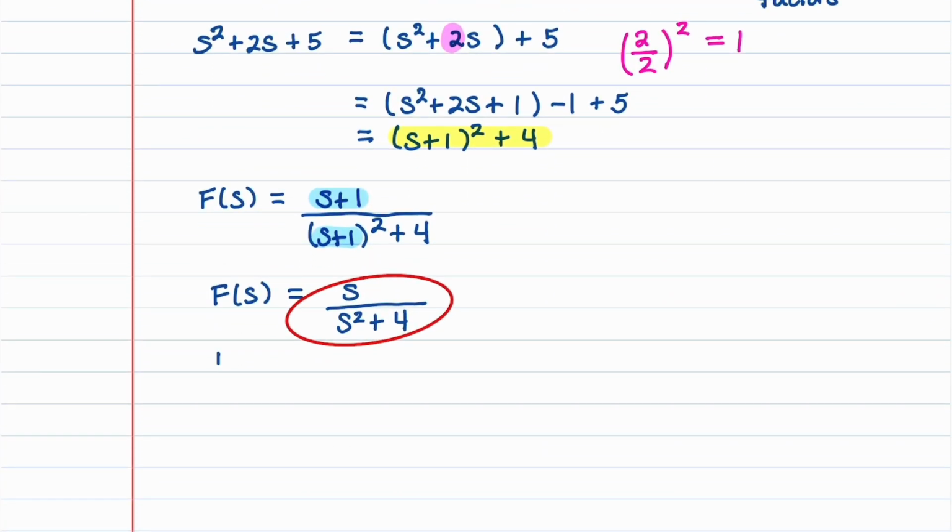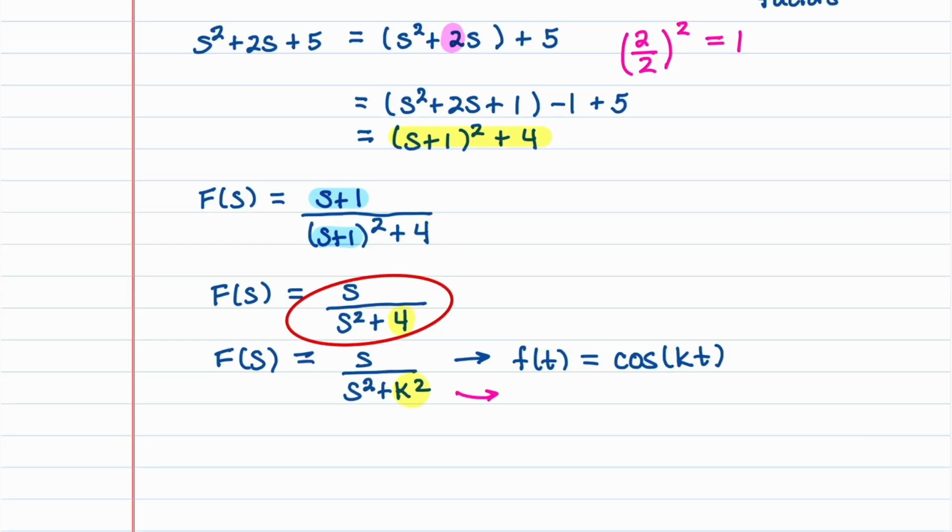Let's write down that from the table we have capital F of s is s all divided by s squared plus k squared, and the inverse Laplace transform is little f of t is equal to cosine of kt. If we compare what we got to the table, we can see that k squared is equal to 4, so that's going to give us that k is equal to 2.